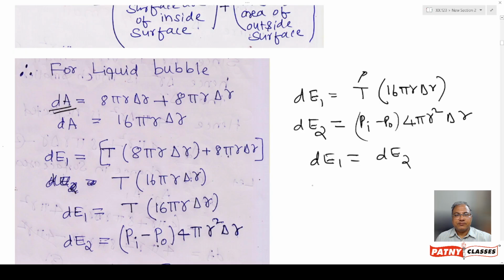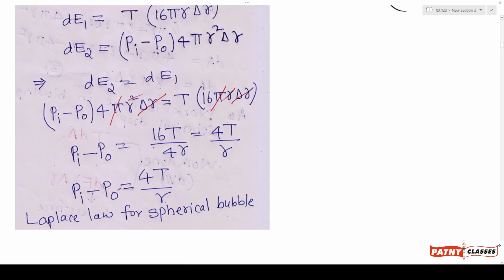So dE1 is nothing but T into 16 pi r delta r, and dE2 is nothing but Pi minus P naught multiplied by 4 pi r square delta r. When you simplify this equation, you will get Pi minus P naught equals 4T upon r. This is the Laplace law for a spherical bubble.